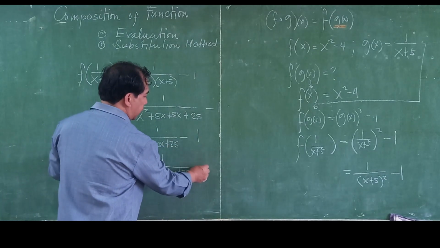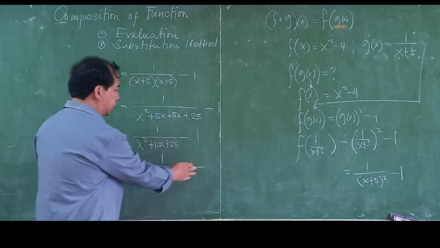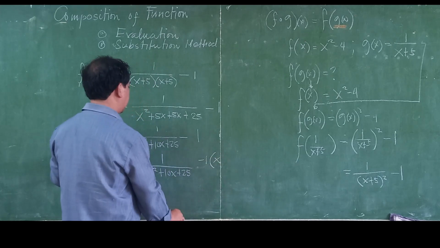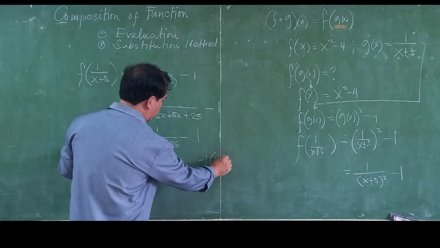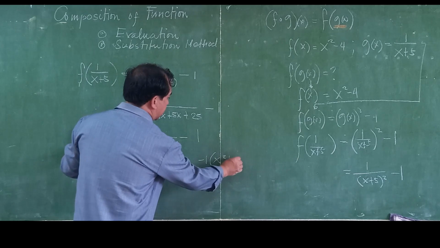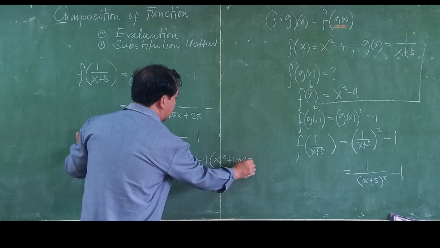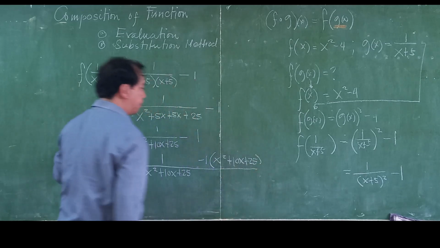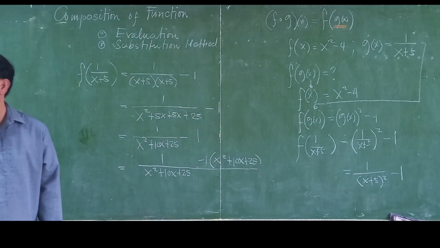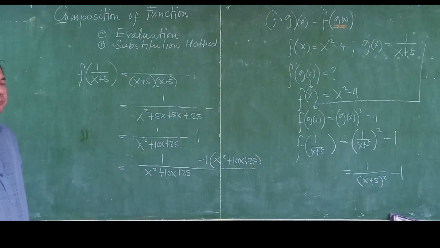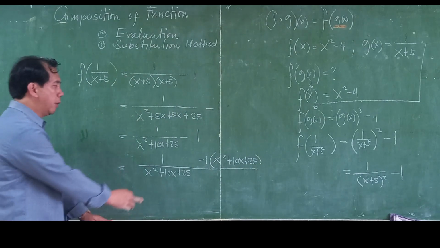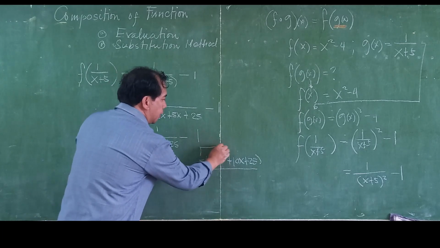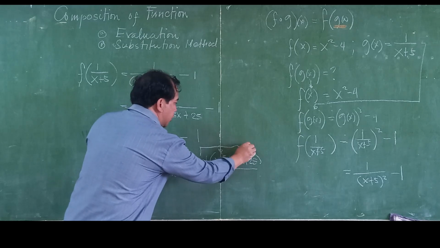And so we have now, that is the same as negative 1 multiplied by x raised to 2 plus 10x plus 25. Let's continue here. Okay, now, after that one, we combine now, that is the same as distribute.